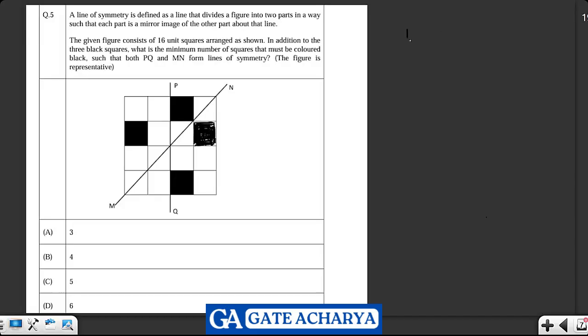So I draw one square. Anything else I need? Yeah. Now I need symmetry not only with MN, I also need symmetry with the vertical line PQ. This is there, this is there, so here also I have to draw. Then only it will become symmetric. And one more here also I have to draw. So now I have introduced 2 more squares here.